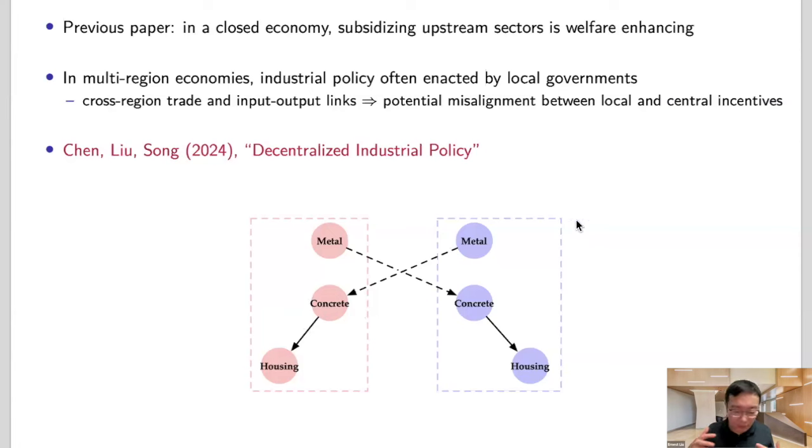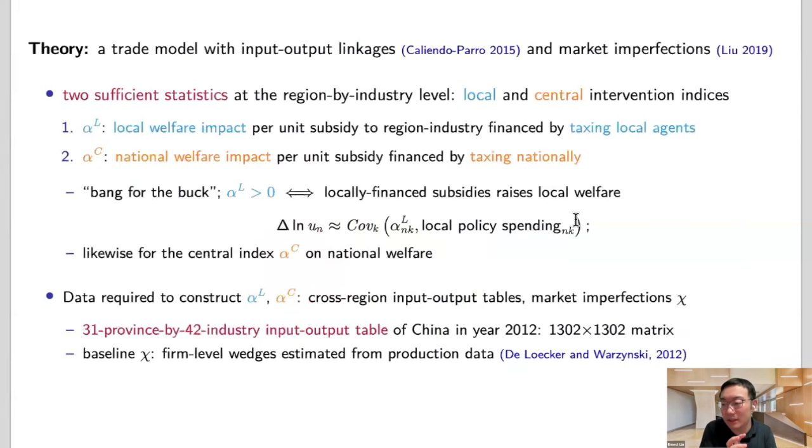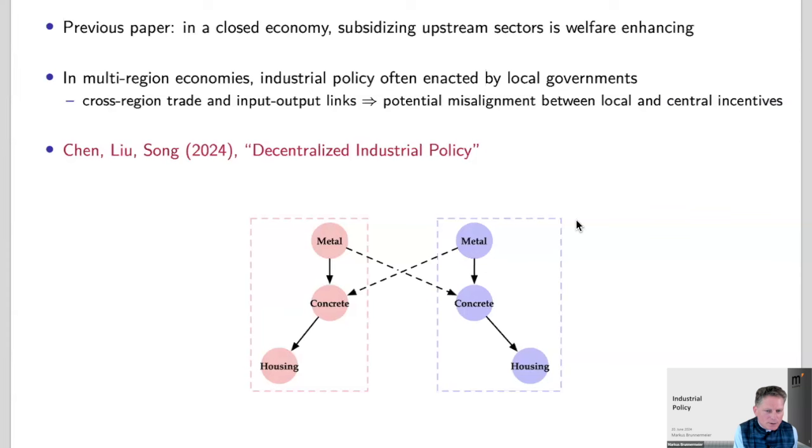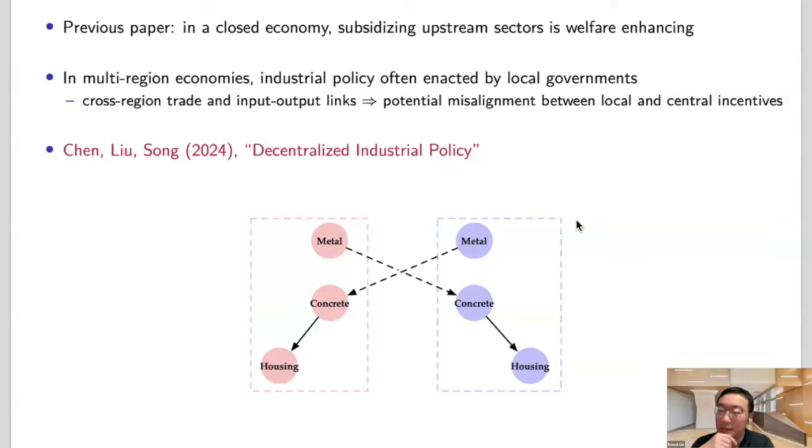Okay, so when regions trade, local policy really differs from what the central planner would want, and the real world is somewhere in between. So let me just make sure that if the first region subsidizes metal, it is benefiting the other region's concrete firm. Correct.